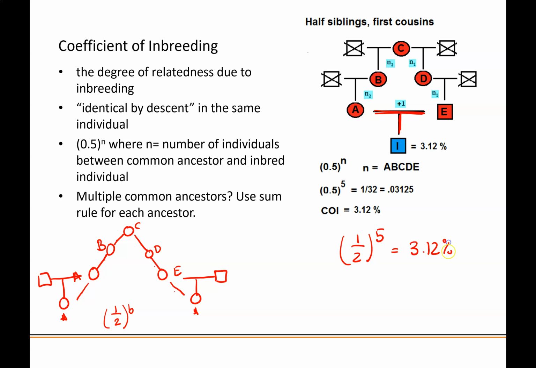So the chance of these individuals having a child with a deleterious allele that is due to the common ancestor is going to be higher than this individual or this group.